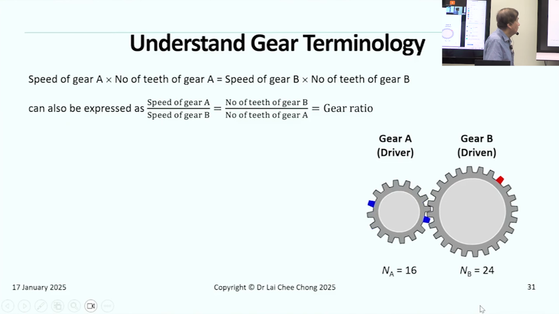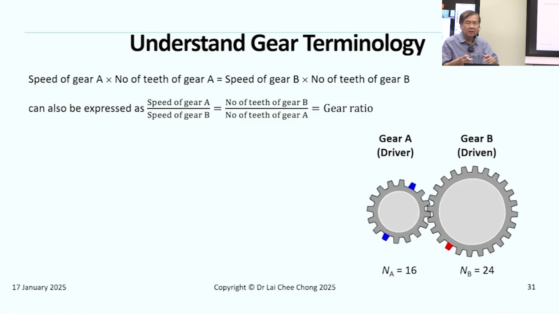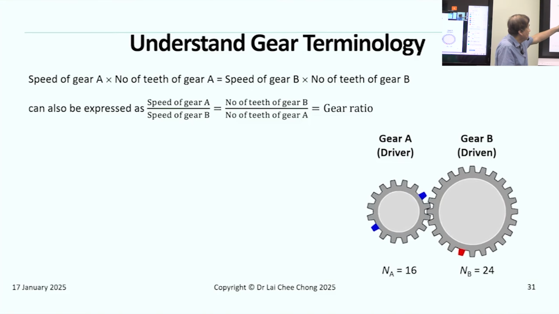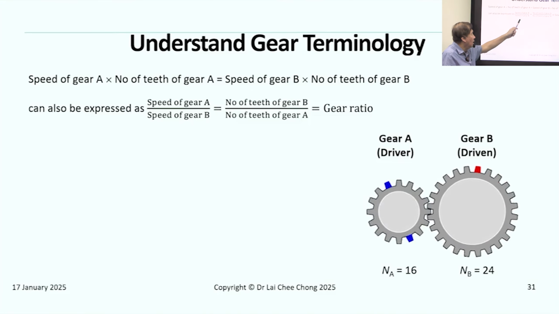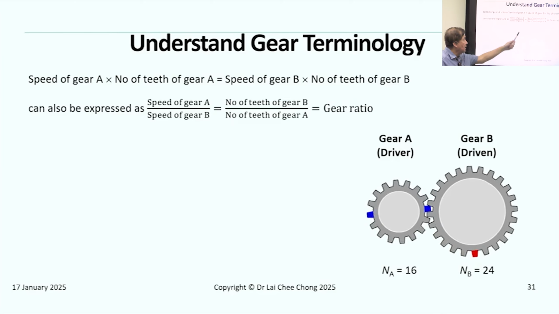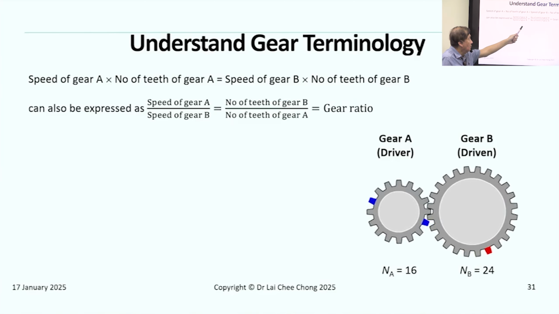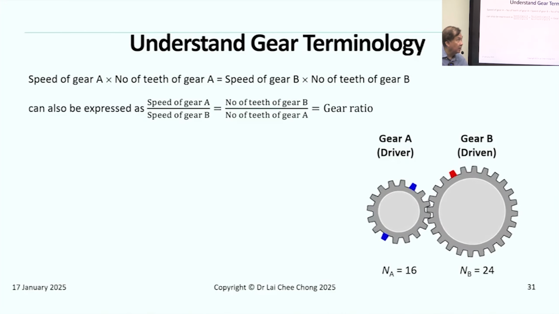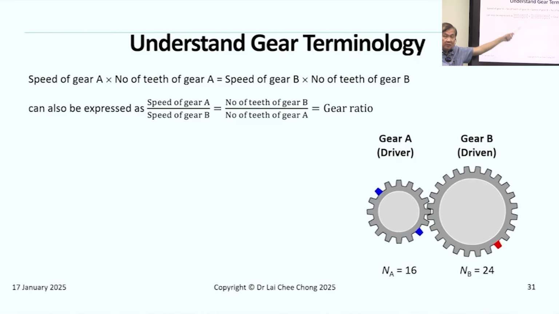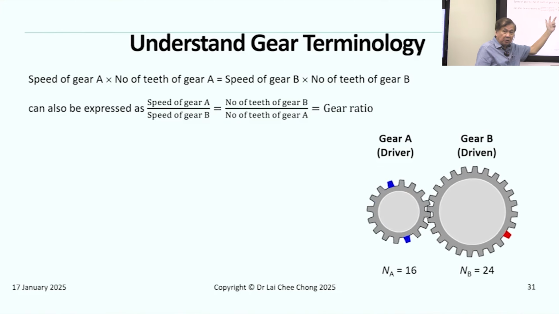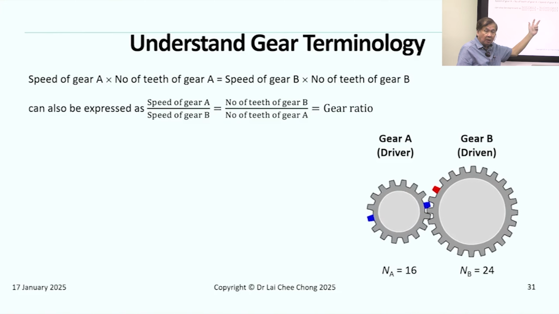Now you can also express it in a different way. I can write, for example, the speed of gear A over the speed of gear B is equal to the number of teeth of gear B divided by the number of teeth of gear A, right? If you rearrange this equation, you will get this fraction, expressed as a ratio.